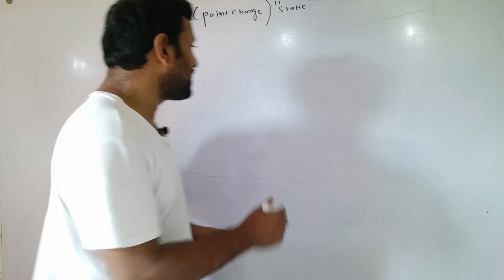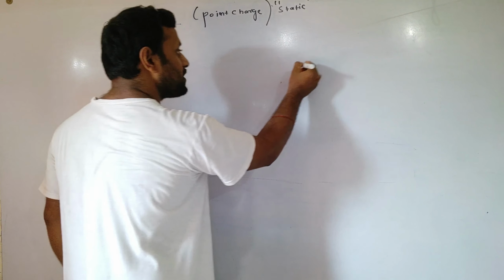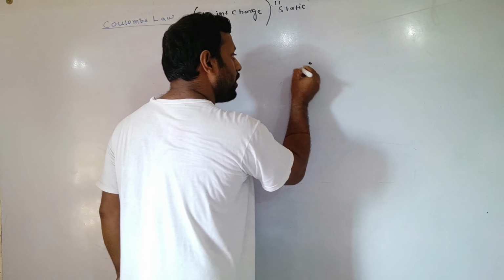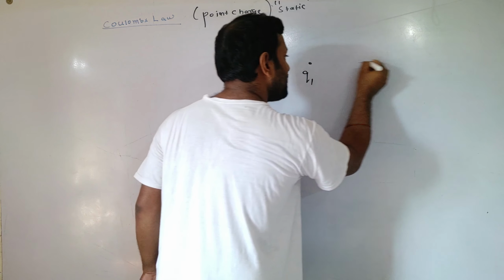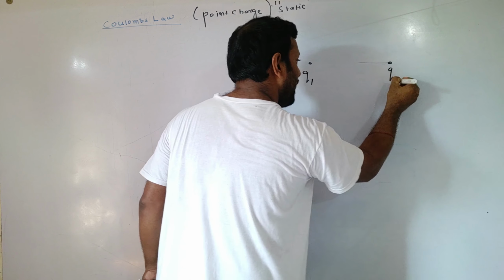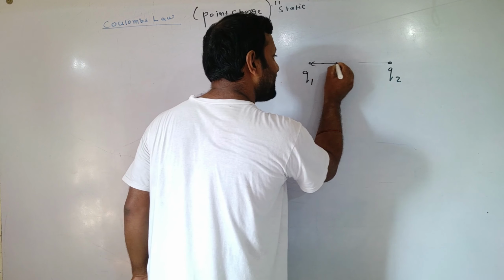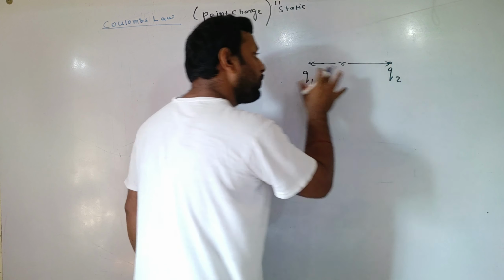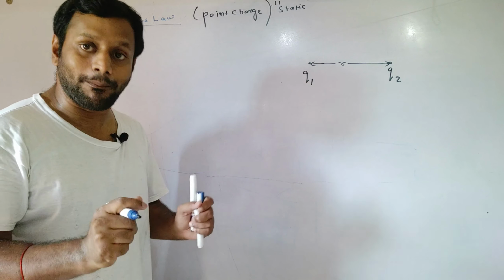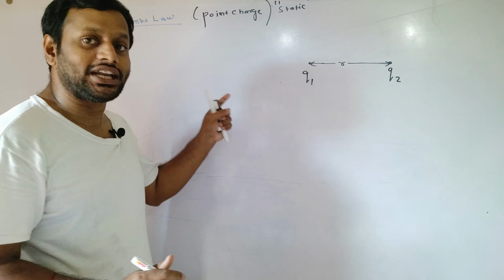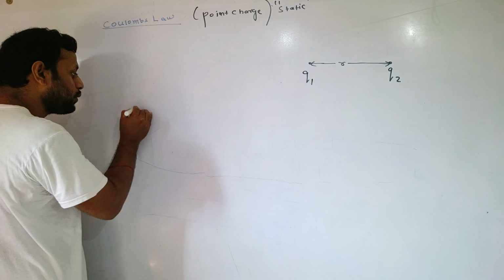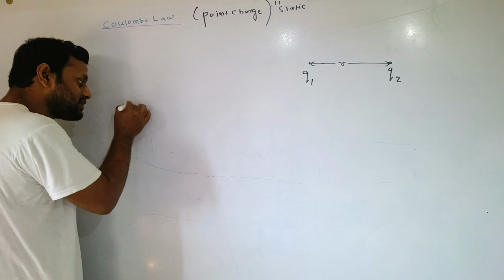Suppose there are two point charges, one called Q1 and the other Q2, separated by a distance r. Then the force of attraction or repulsion between these two static point charges is F in magnitude.